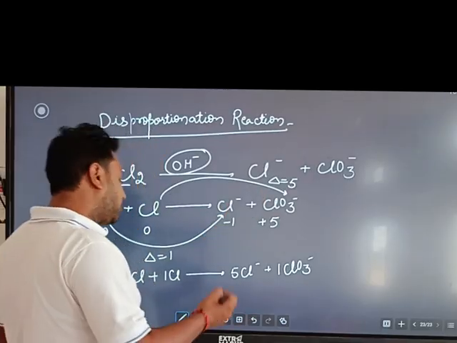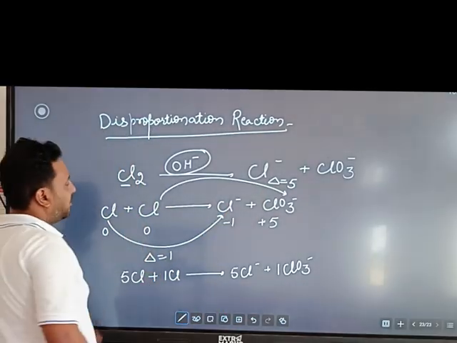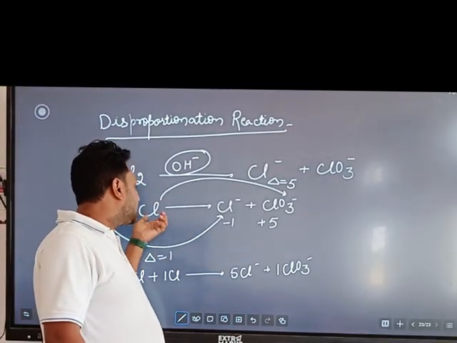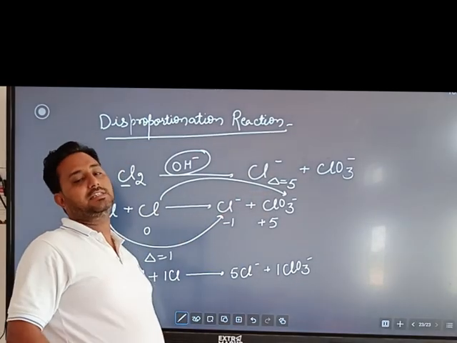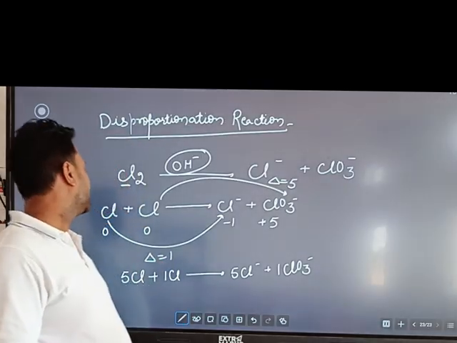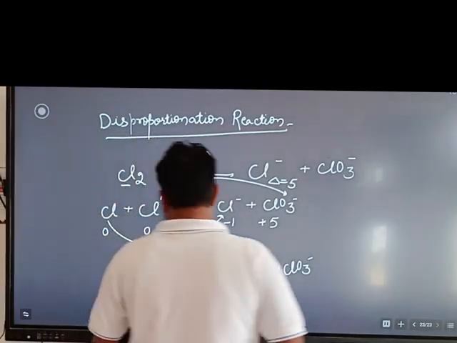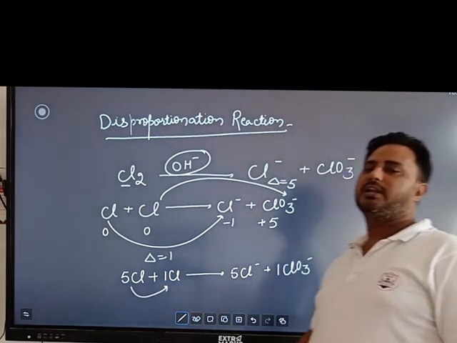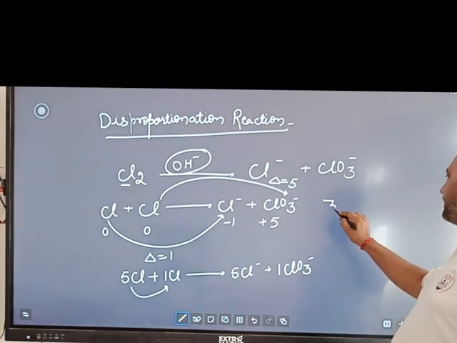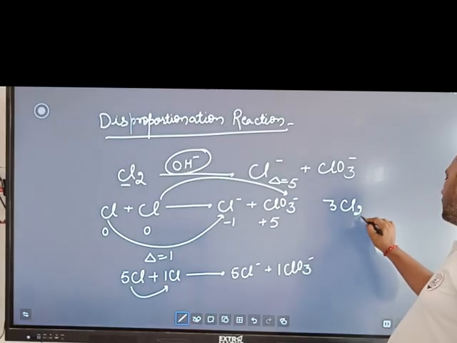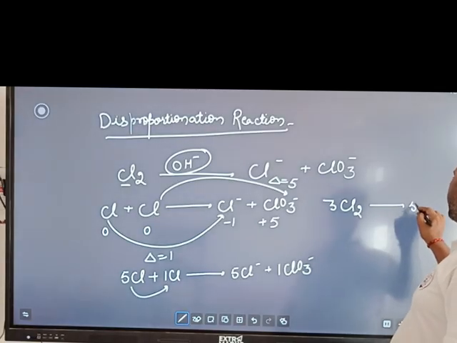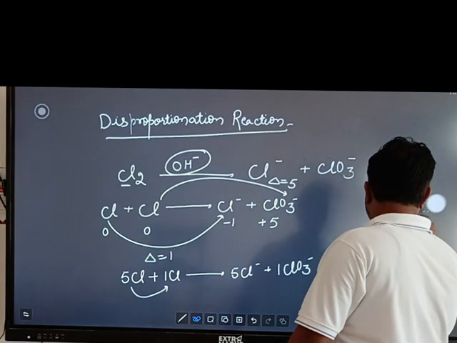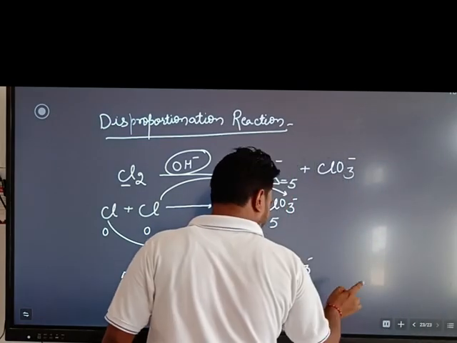Means the change of the reaction of Cl to Cl- will be multiplied to Cl to ClO3- and vice versa. So we will get this reaction. After that this 5Cl plus 1Cl will combine to form 3Cl2, which will give 5 times of Cl- plus 1 ClO3-.